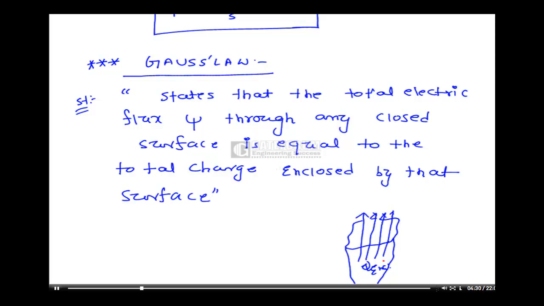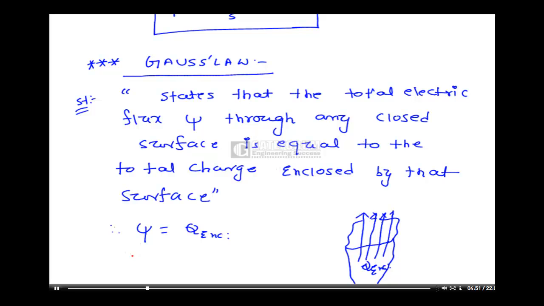Field lines are generated because of charge only. So Gauss law states that the total electric flux through any closed surface is equal to the total charge enclosed by that surface. That is, total flux psi is equal to Q enclosed.